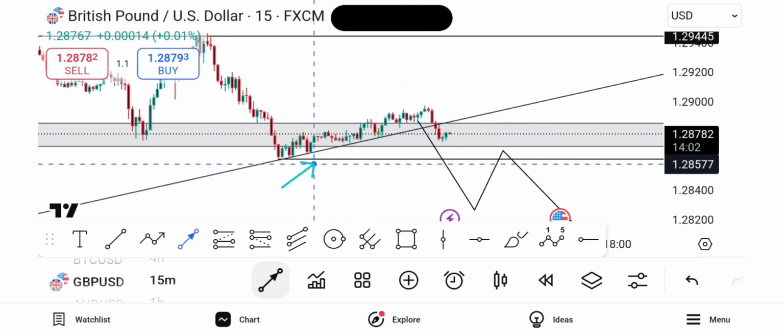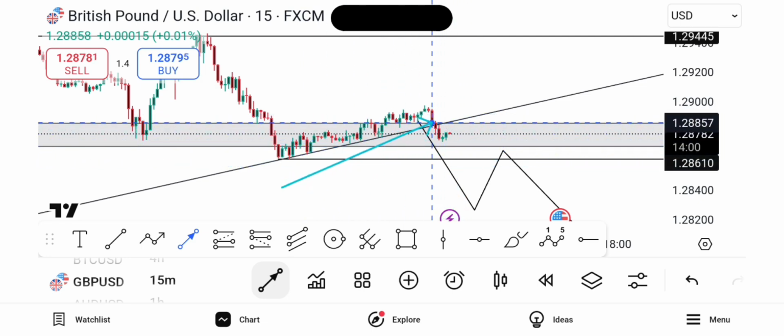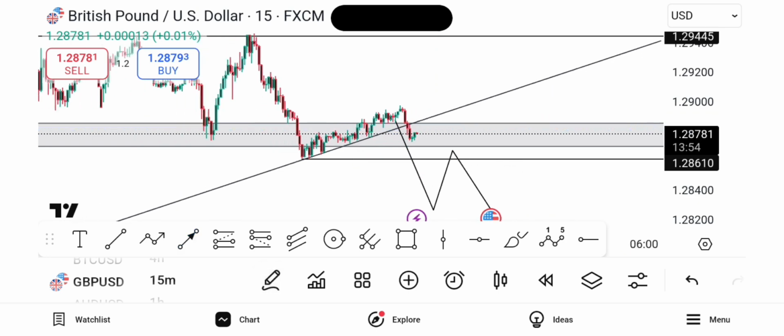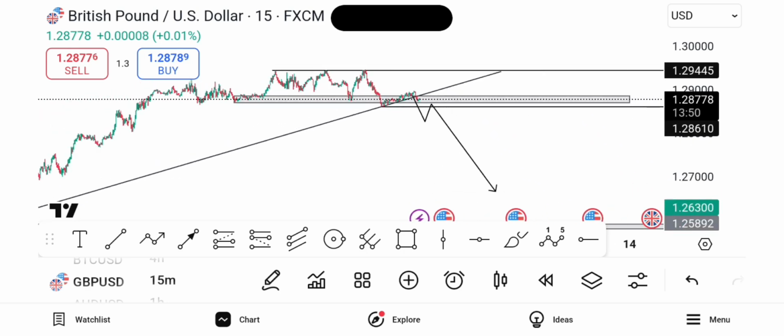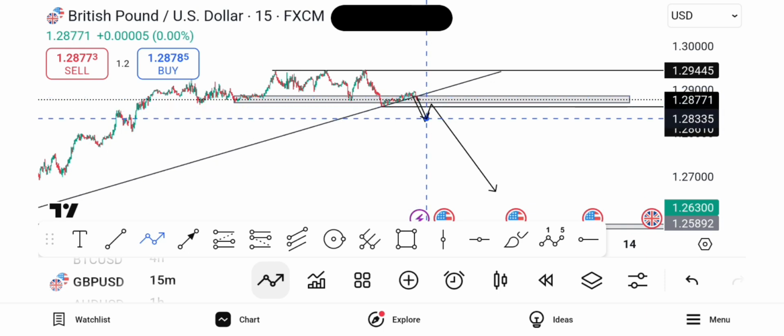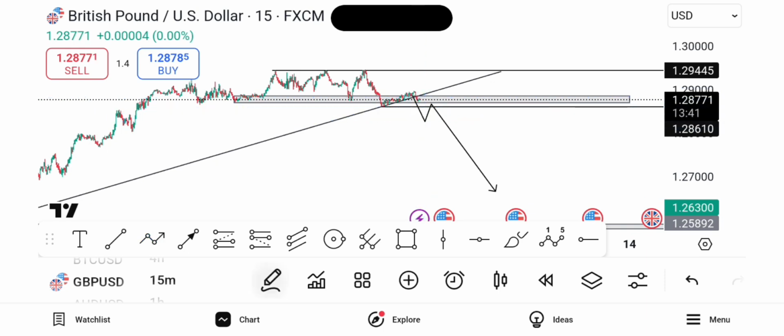Then, reaching here, the market broke our trend line. When it breaks that, what's the sign? Let me first remove this one.